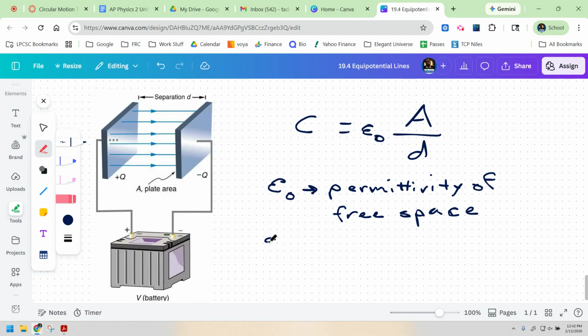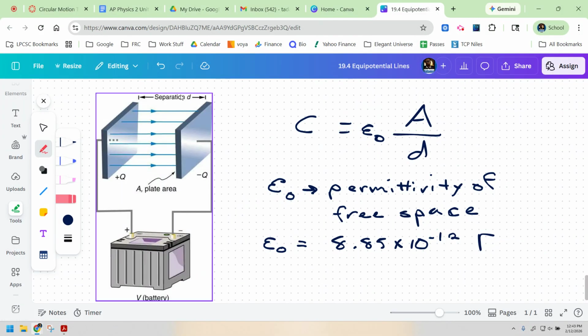And this has a value, so it's a constant. That value is 8.85 times 10 to the negative 12. Or wait, I have to remember, is it negative 12 or positive 12? Yeah, it's negative 12. And that is in Farads.